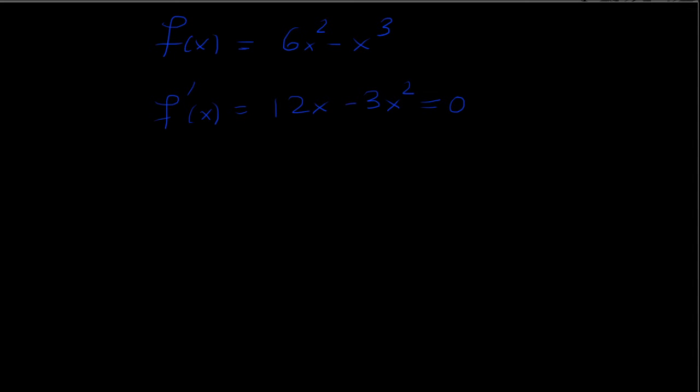So in this case, it's going to be 3x. And that's going to give me 4 minus x in the parentheses. We're going to set each factor equal to 0. We get that x is 0 and x is 4. Those will be my critical points.